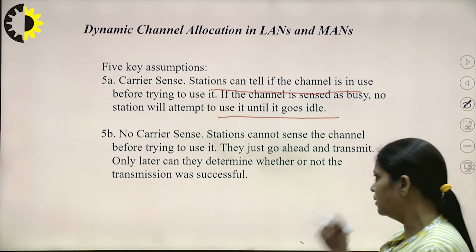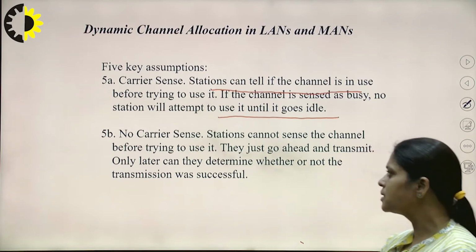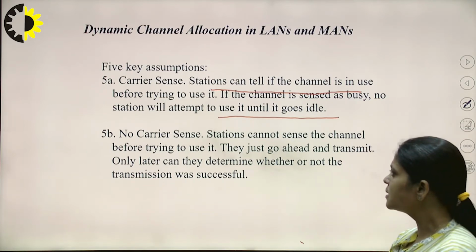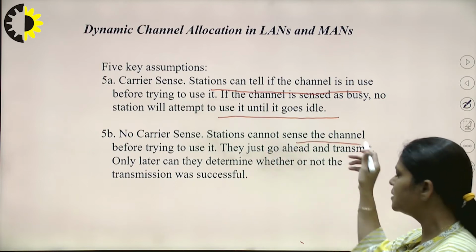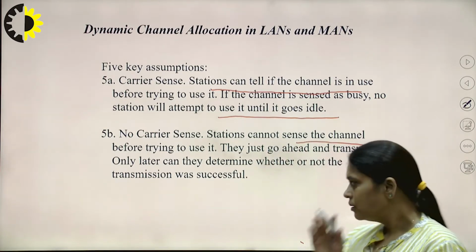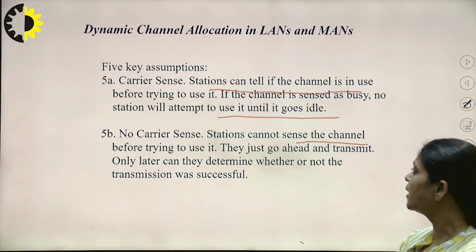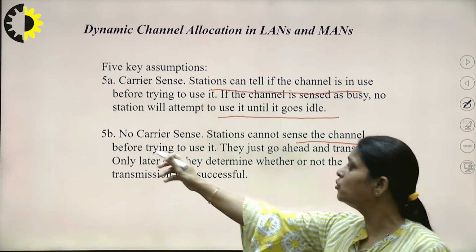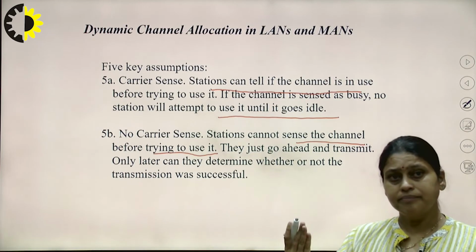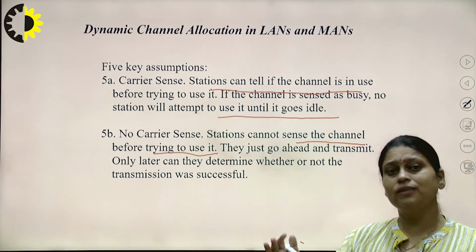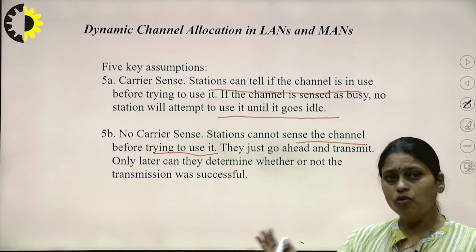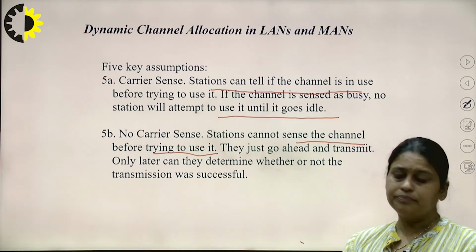Next is no carrier sense. In no carrier sense, the station cannot sense the channel before trying to use it. It means all the stations will send the data before sensing the channel.